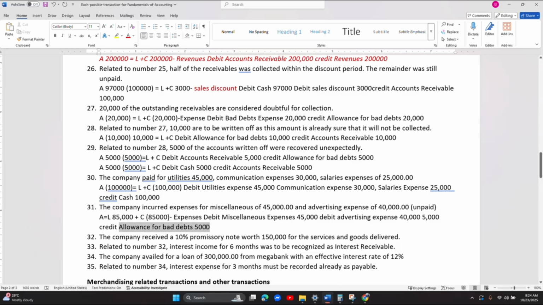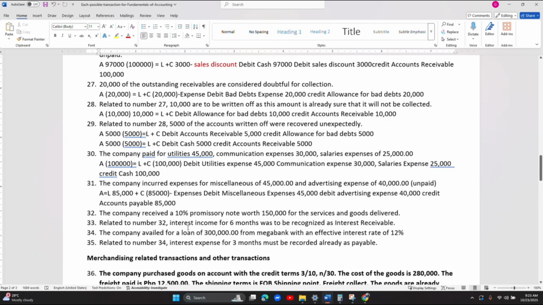That will be credited on liability. Let's say, for example, you put that on your accounts payable or any liability account, depending on the chart of accounts. So you will have credit 85,000. So, debit miscellaneous expense, 45,000. Debit advertising expense worth 40,000. And then credit 85,000. So, that's it for number 31.